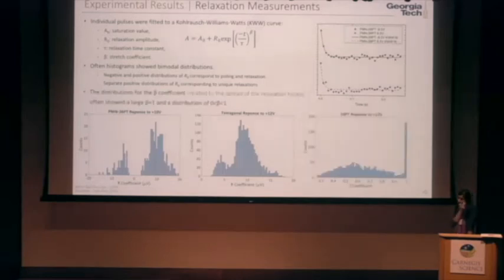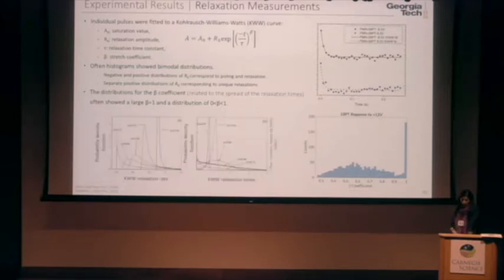When we look also at the stretch exponential, we do find that there is a bimodal distribution: those where the behavior really falls under a simple exponential, that's a beta equal to 1, and a very wide distribution of betas. Now, this is interesting for us because beta is a measure of the disorder in the sample or the disorder in the distribution of these relaxation time constants.